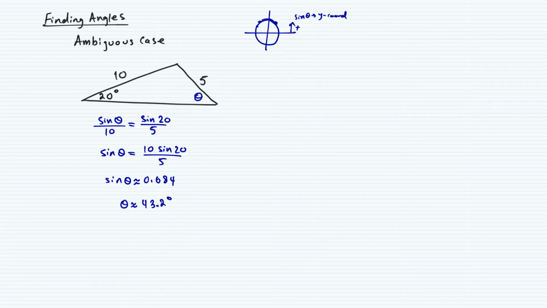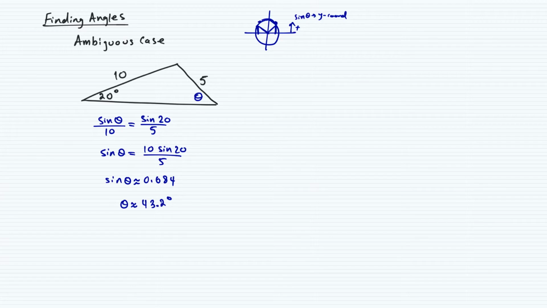And we know that we have sine theta here being positive, and the corresponding angle to it is approximately 43, so that's this value here. But there's also an obtuse angle right here, which will give me the same sine theta value of 0.684.